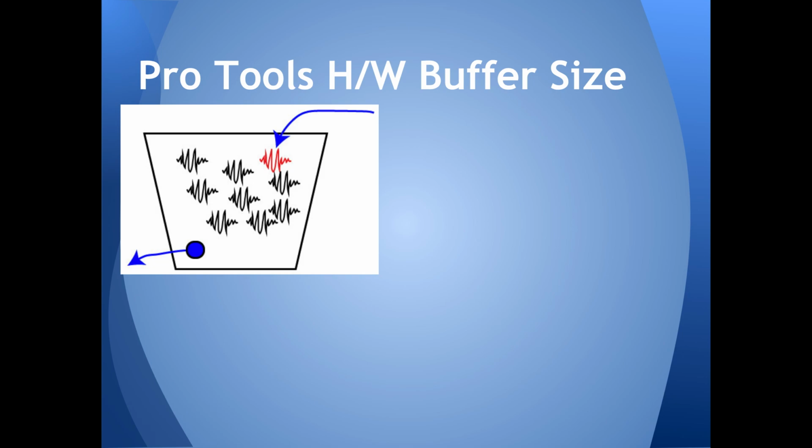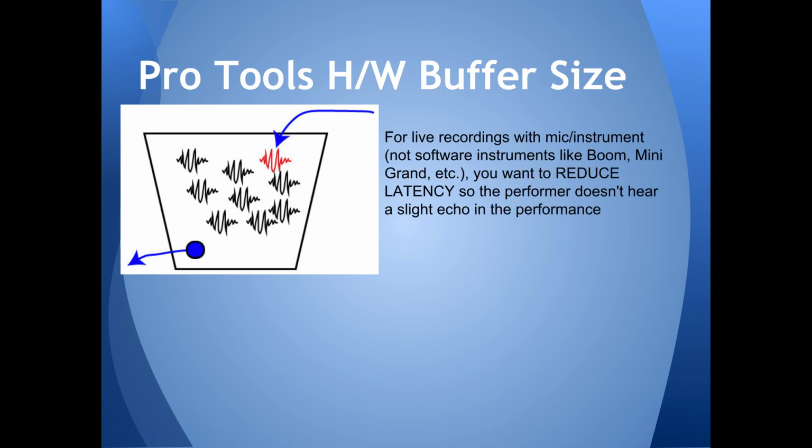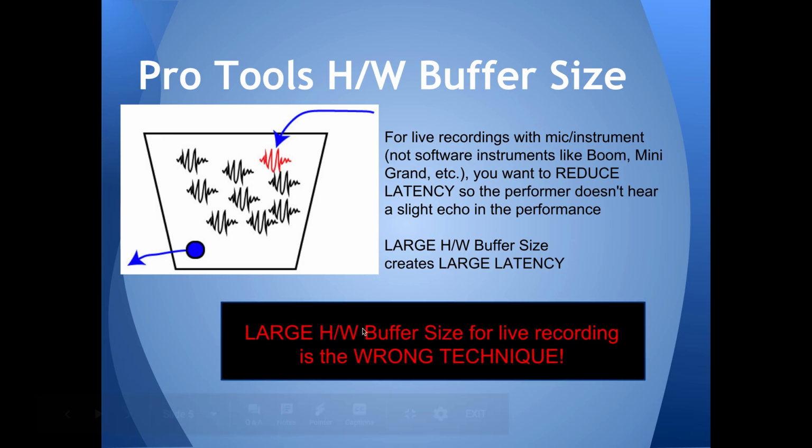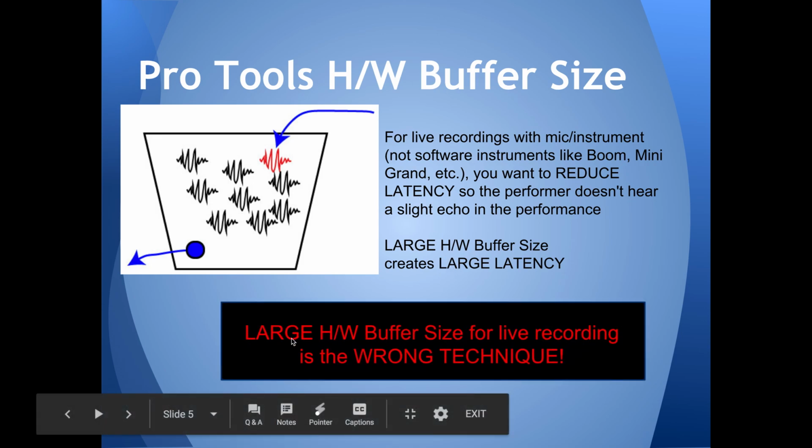So how do we fix that? For live recordings, whenever you have a microphone, not the virtual instruments in the computer like the Boom, the Mini Grand, and so on, but you actually have a mic or a guitar plugged into the system, you don't want to have that latency. If you have a large buffer size, you just have the wrong technique here.